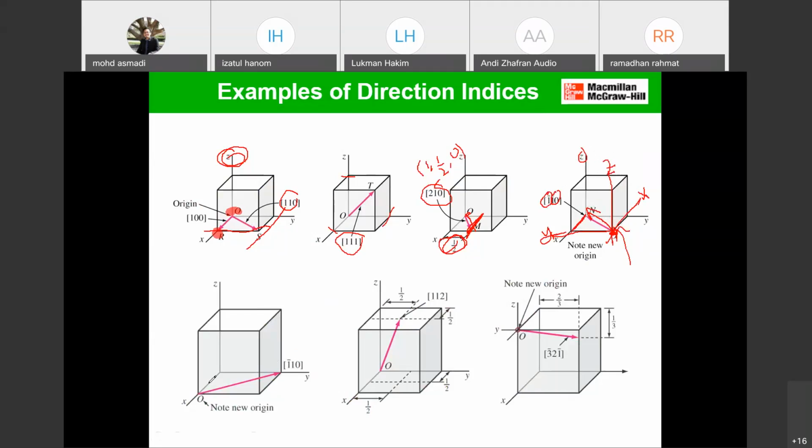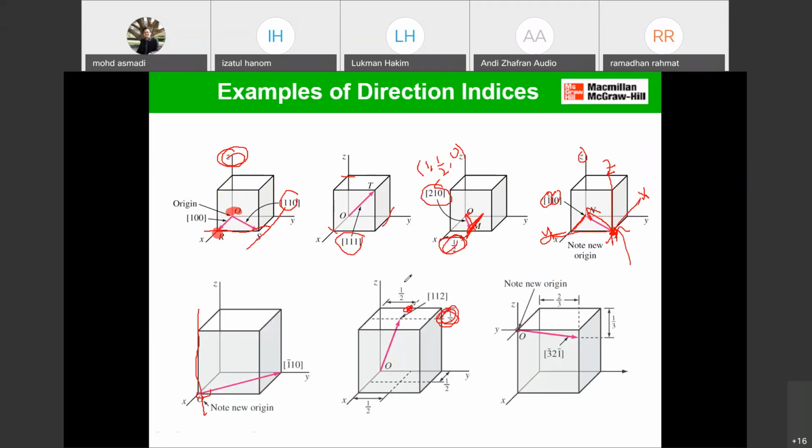Similarly for x: if you define here as a new origin, x is going to be negative, y is 100% and z is equal to 0.